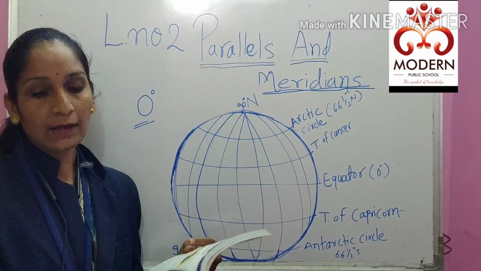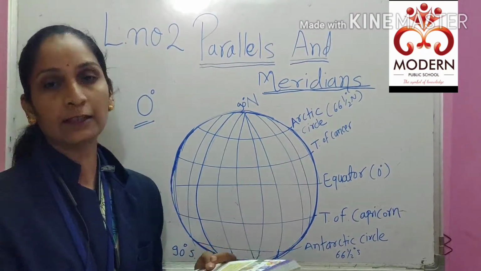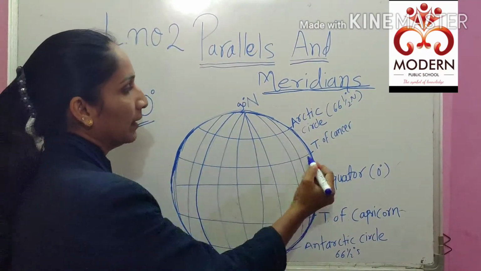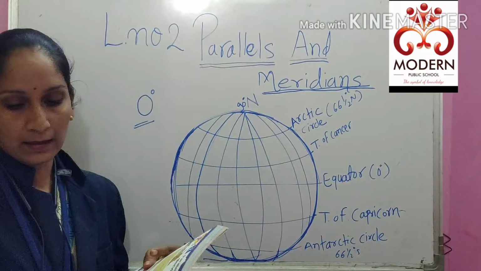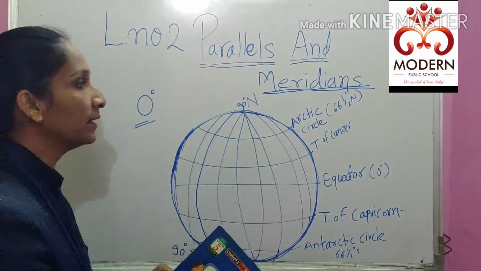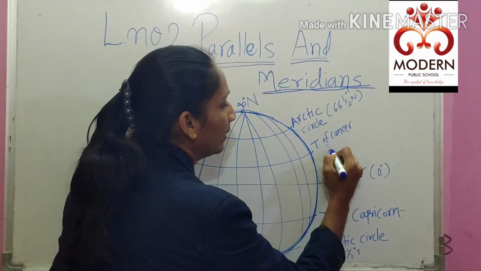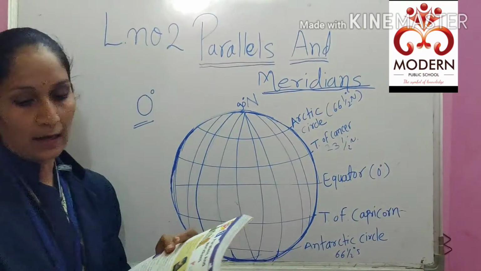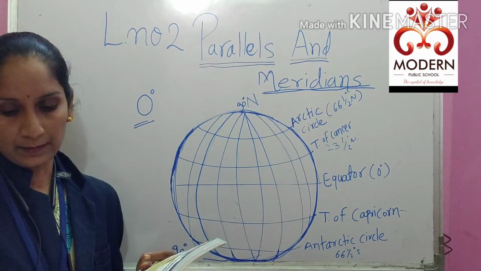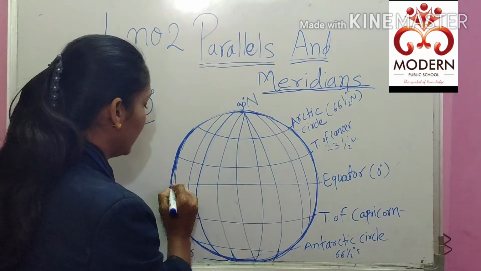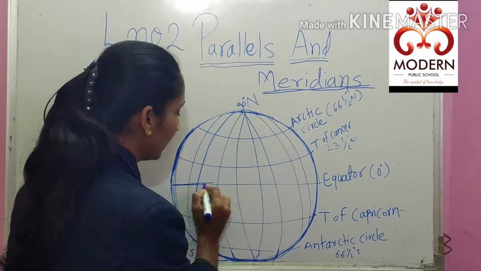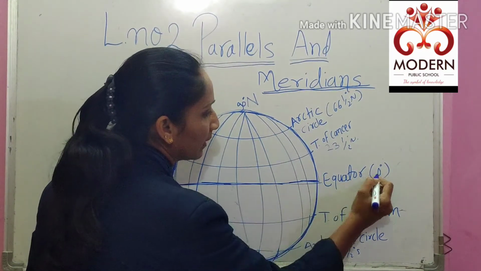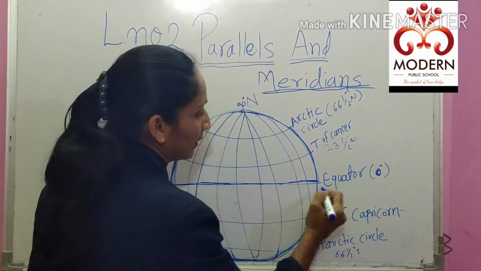The Arctic Circle is at 66.5 degrees north. The Tropic of Cancer is at 23 and a half degrees north. Then the equator, the middle line, is written as 0 degrees.